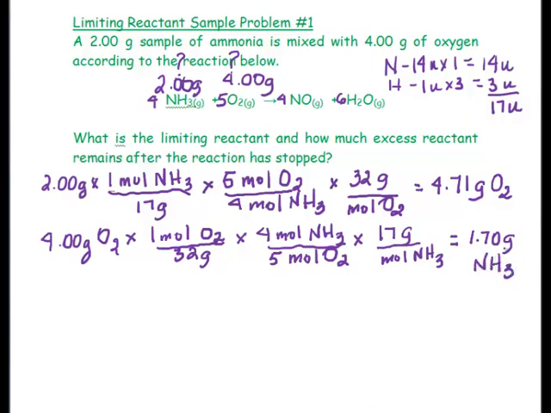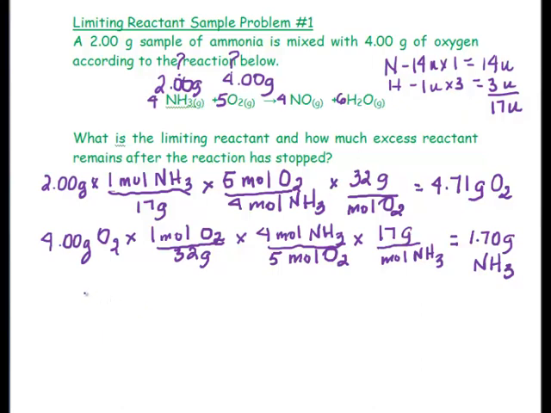Okay? Here's the interpretation of this calculation. If I use 4.00 grams of oxygen, which is all of the oxygen I've got, I only need 1.70 grams of ammonia. How much ammonia do I have to begin with? 2.00 grams. So how much excess do I have?